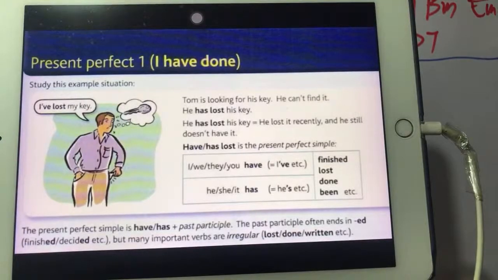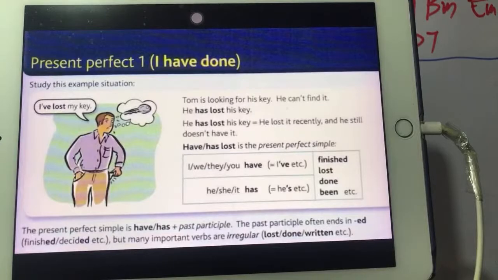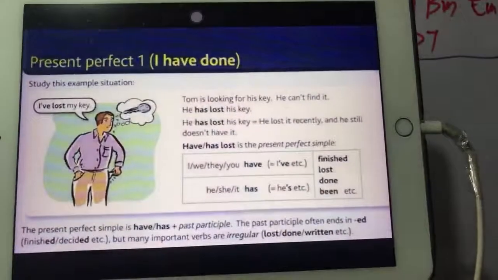It means Tom is looking for his key. He can't find it. So the sentence is, he has lost his key. Now what do you mean by he has lost his key? It says here, he lost it recently and he still doesn't have it. Okay, Mizuki, will you please write: he has lost his key equals he lost it recently and he still doesn't have it.